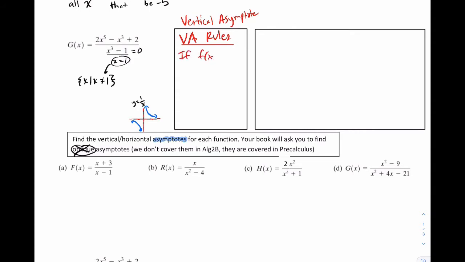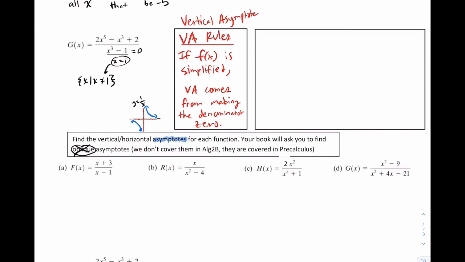If f of x is simplified, your VA comes from making the denominator 0.